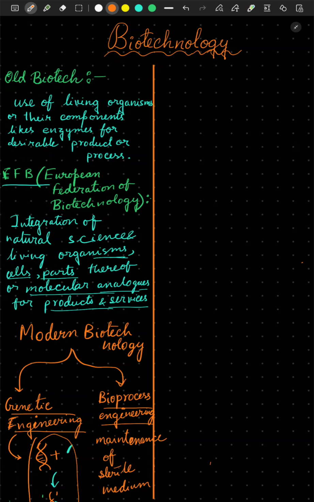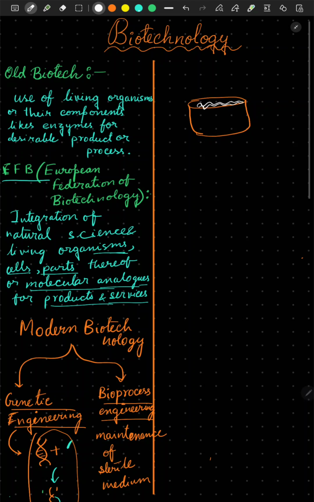So why does that happen? We are not adding anything to the milk. Suppose this is a pot, and we have our milk here. But we don't know that in the air, and even in the pot or in the milk, there are thousands and crores of bacteria. There are thousands, millions and billions of microorganisms that we cannot see with our naked eyes.